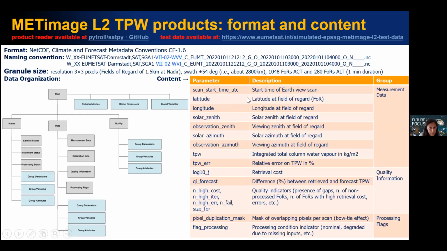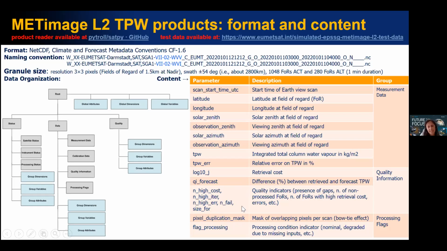Basically, the time of the observation. Then for each field of regard, you have the geometry and the geolocation. And finally, for each field of regard, you have the retrieved total column water vapor in kilograms per square meter, the associated error in percent, the retrieval cost, because this is a good indicator of the quality of the retrieval, and then another indicator which gives the difference between the retrieved water vapor and the one predicted at that time and for that location by the forecast, which we found to be of particular interest for the users of this product.